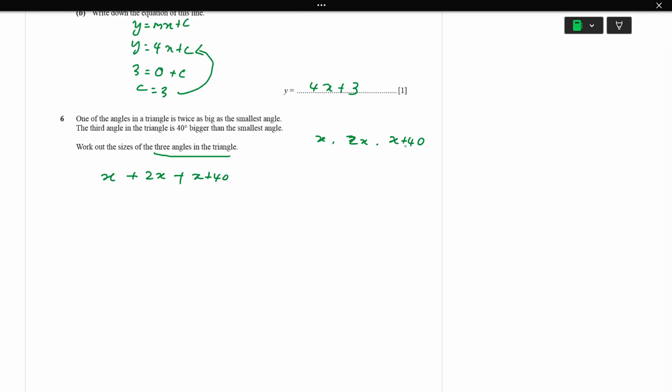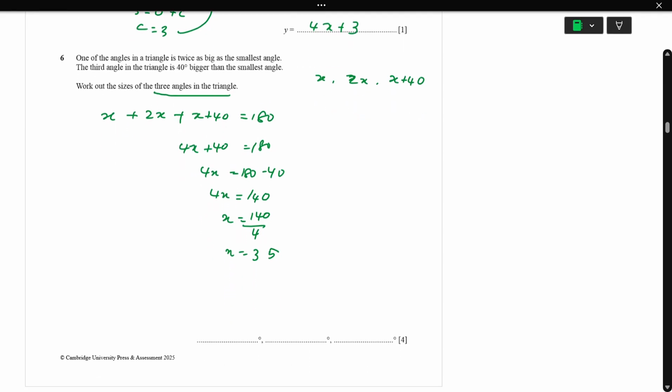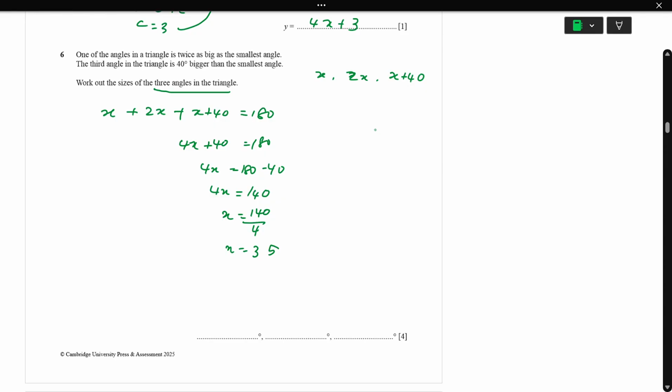The sum of all the angles equals 180 degrees. So x plus 2x is 3x, plus x is 4x, plus 40 equals 180. So 4x equals 180 degrees minus 40, so 4x is 140. So x equals 140 divided by 4, so x equals 35. Now substitute x into these three values.